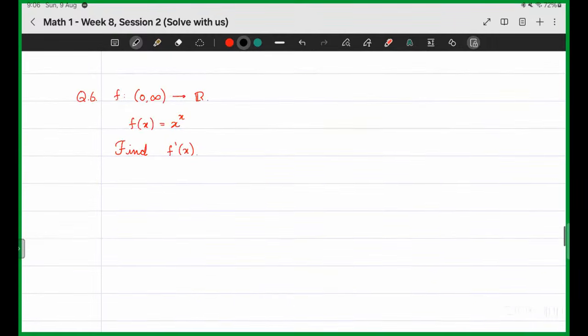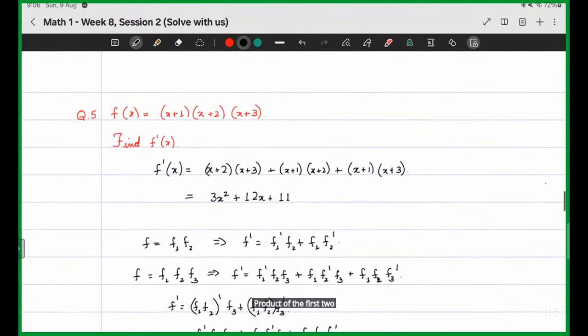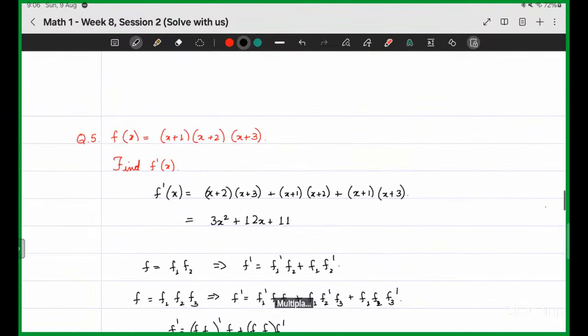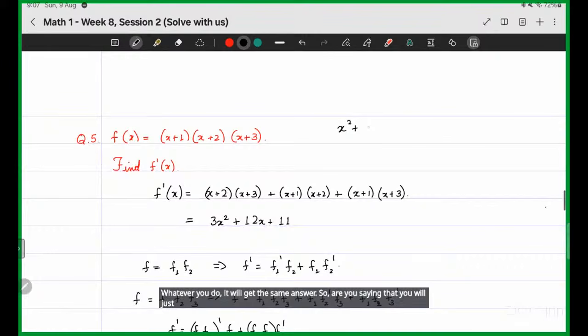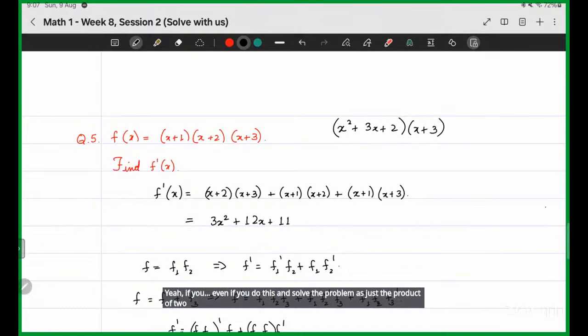Sir, can we also do the product of the first two terms and then multiply, I mean, take the derivative of both the two terms like that? Whatever way we do, you will get the same answer. So are you saying that you will just do x square plus 3x plus 2 times x plus 3? Yes, sir. Yeah, even if you do this and solve the problem as just the product of two functions, you will get the same answer.